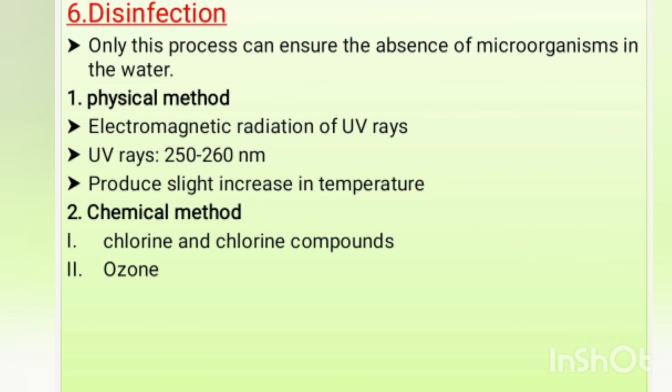Chlorine gas is added to the water. About 0.2 to 2 milligrams per liter concentration is sufficient to kill most of the microorganisms in the water.